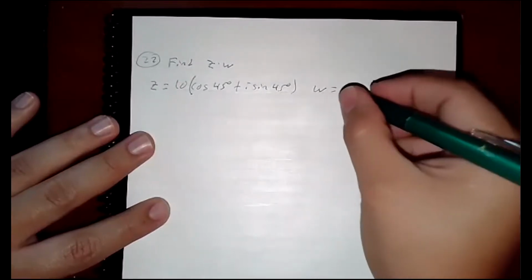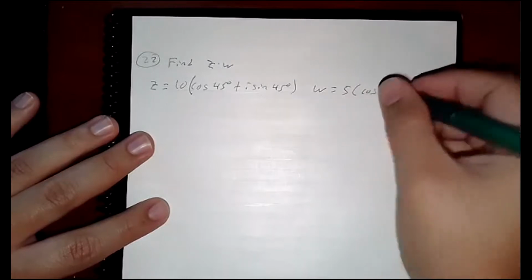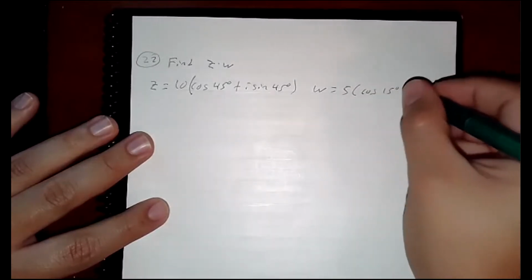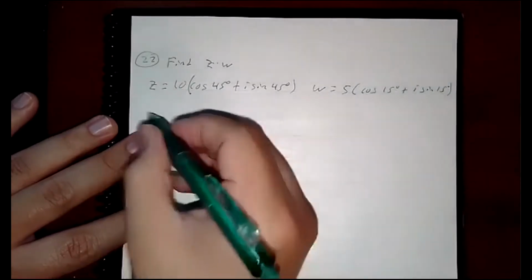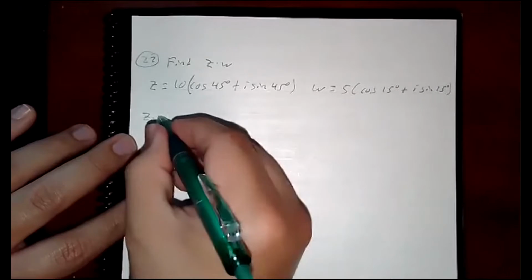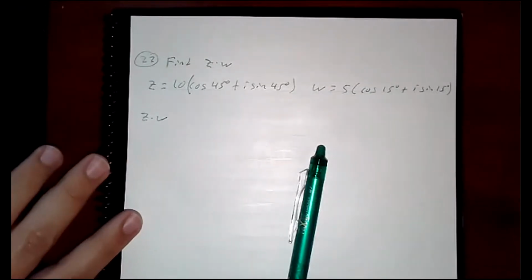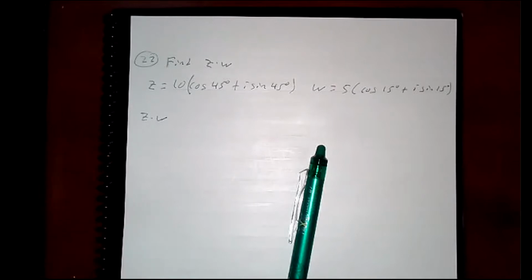W is 5 cosine of 15 degrees plus I sine 15 degrees. So multiply them together. We can do all that FOIL nonsense, or we can use the formula to help us out. I thought it said z over w. Maybe that was 23. Yeah, 23 is a divide one.